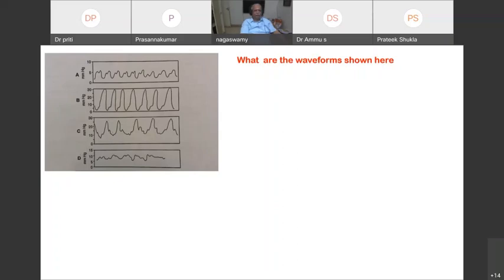Get all these waveforms. When will you see all these? In pulmonary artery catheterization, you will get all of them. Simple. All those who have worked in cardiac anesthesia will write it in no time. They show the waveforms during the passage of a pulmonary artery catheter.